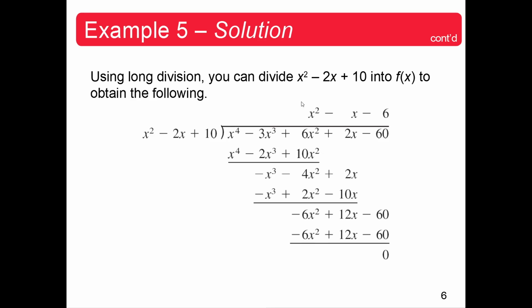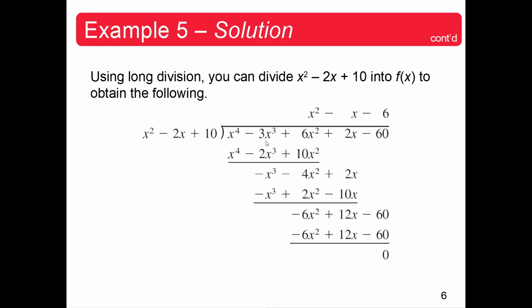So we actually take this first part of the quotient and multiply with each part of our divisor. That's where this line comes from. x to the fourth minus 2x cubed plus 10x squared. We took this divisor and multiplied by the part of our quotient. And then we subtract it. They're missing that sign here, but that's what's going on. x to the fourth minus x to the fourth is 0. That's by design. This should always disappear.